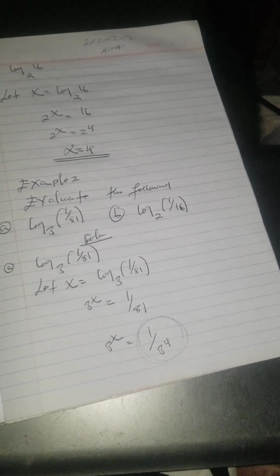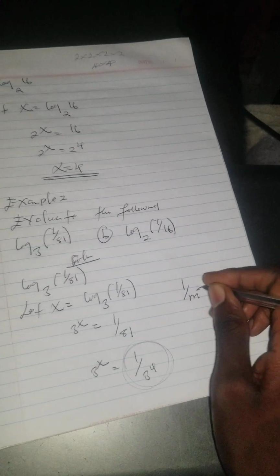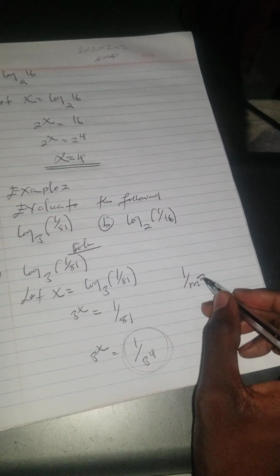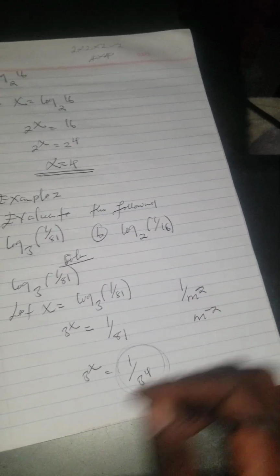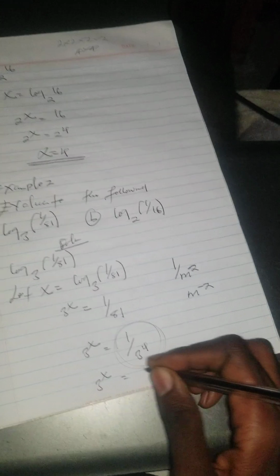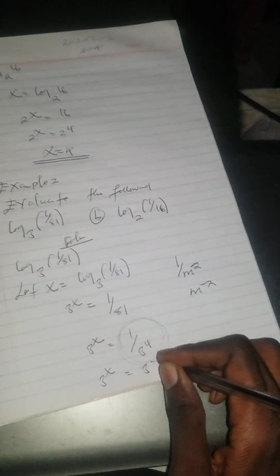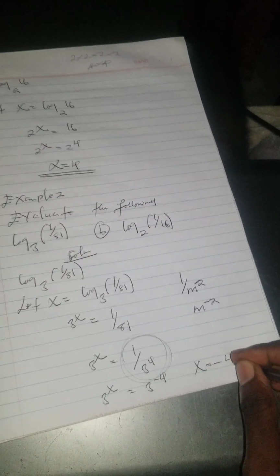What did I tell you under the laws of indices? When you have 1 over m to the power positive 2, you just introduce a negative to the power, so it will be m to the power negative 2. Then you are going to have 3 to the power x is equal to 3 to the power negative 4. And since the bases are the same, the answer becomes x is equal to negative 4.